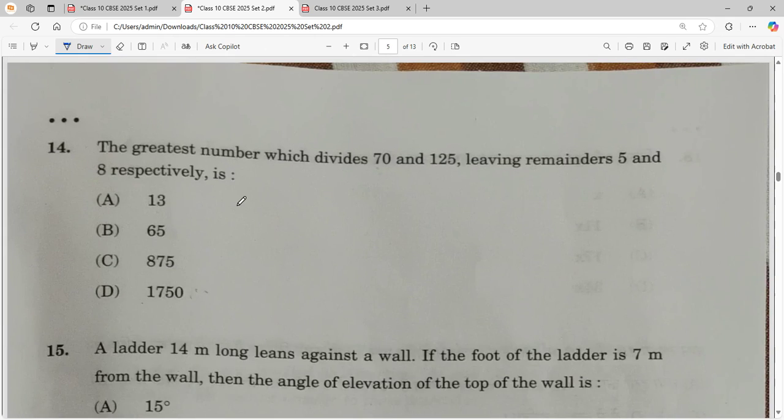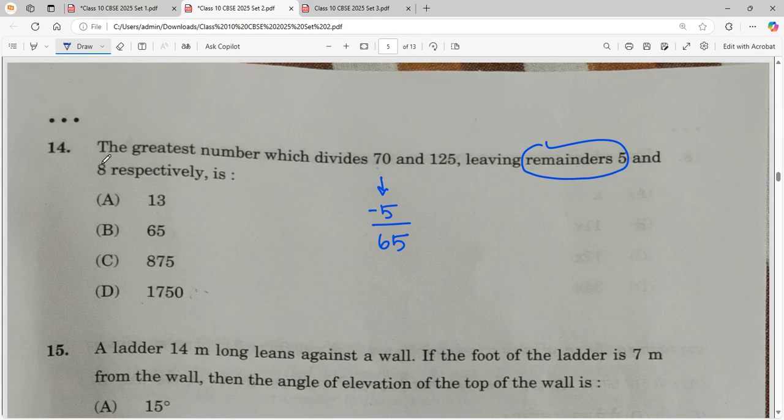The greatest number which divides 70 and 125, leaving remainders 5 and 8 respectively. Since it leaves 5 as the remainder, I'm going to subtract 5 from 70, it becomes 65.